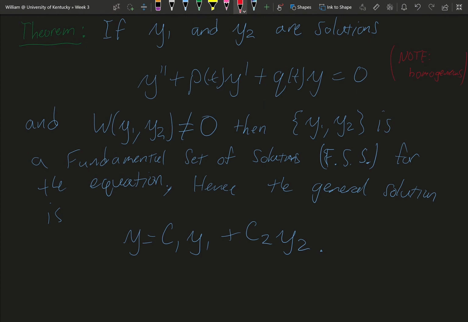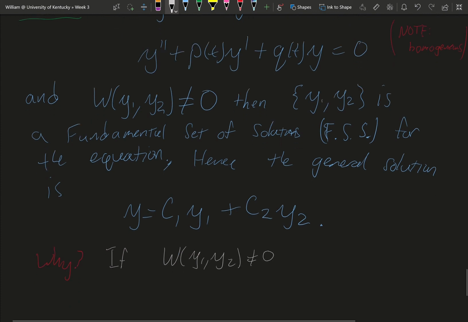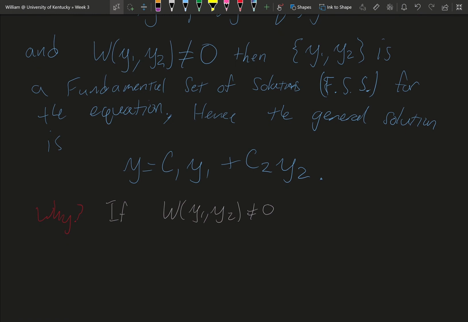And just to say real quick about why the Wronskian is the thing to check. If the Wronskian is non-zero, then we already know that c1 y1 plus c2 y2 are solutions.